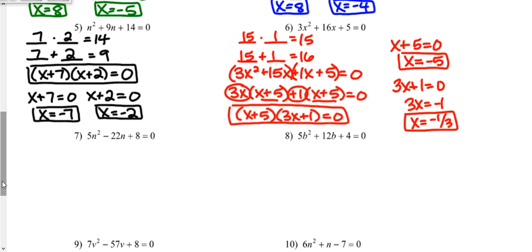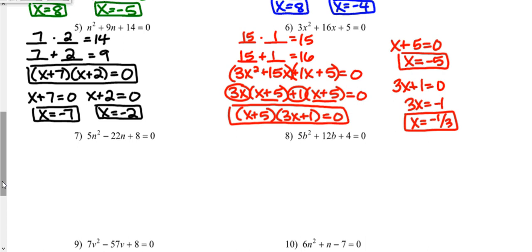All right, moving on to 7. I'm noticing on 7, just right off the bat, I'm not going to be able to use the shortcut just because a is not 1. So then I'm going to look for a common factor, and I don't have one. 5, 22, and 8 are all not divisible by the same thing.